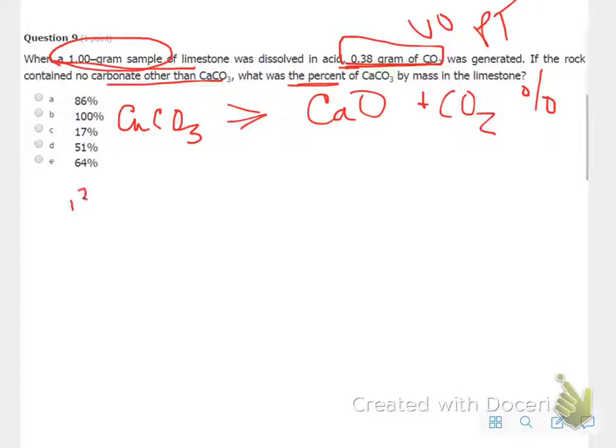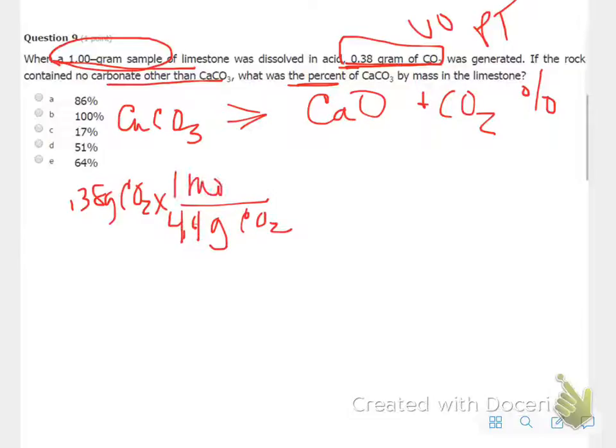So if I have 0.38 grams of carbon dioxide, what I know is carbon dioxide's molar mass is 44 grams of CO2 is 1 mole of CO2. Let me see. 16 and 16 is 32 plus 12. Yes, 44.